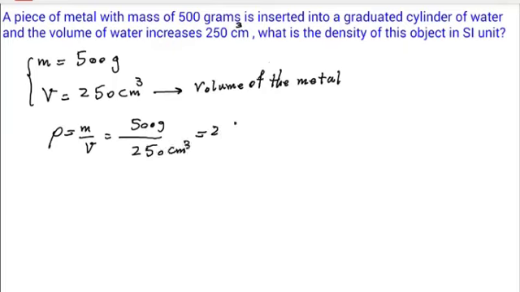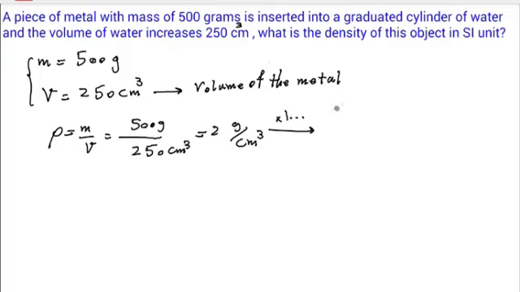But since the question wants us to find the density of this object in SI unit, we have to convert the unit of density to SI unit. And we know that the unit of density in SI unit is kilogram per meter cubed. And for converting grams per centimeter cubed to kilograms per meter cubed, you just need to multiply the number by 1000.